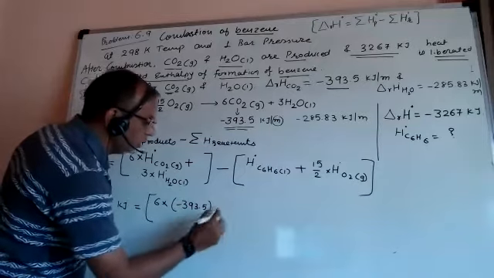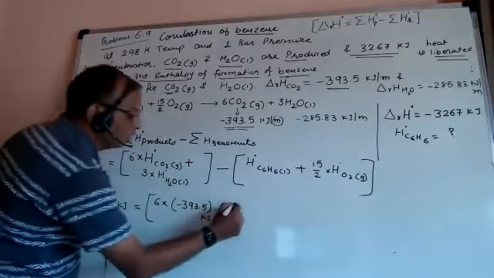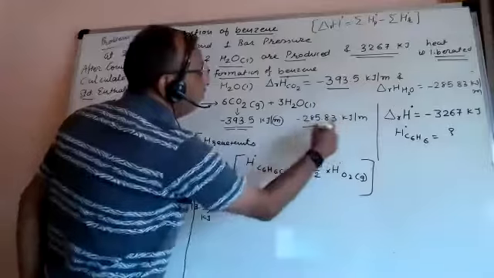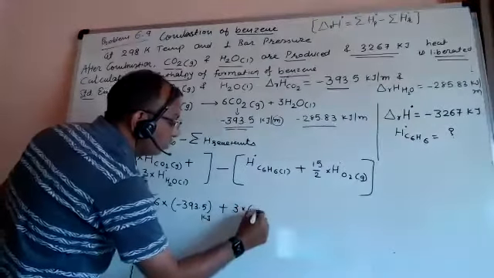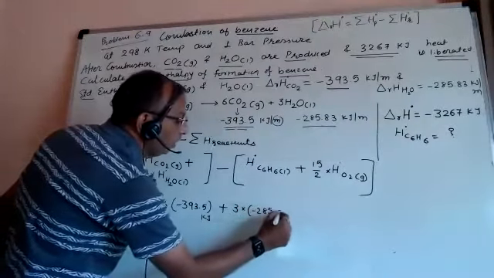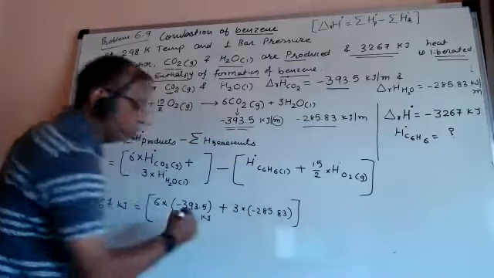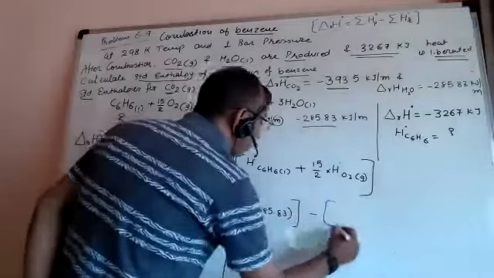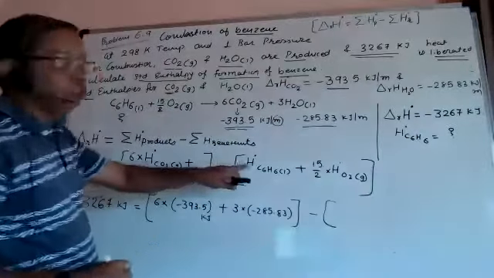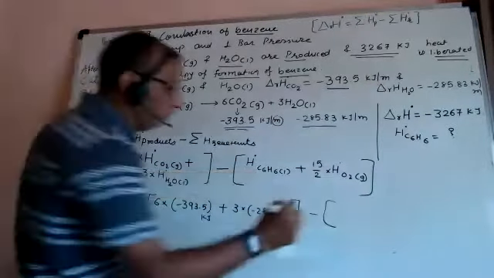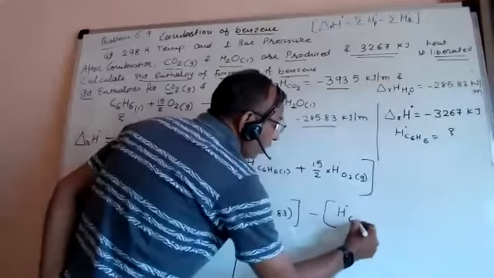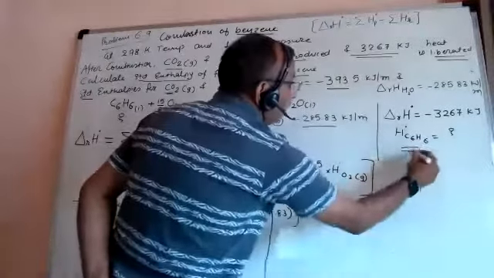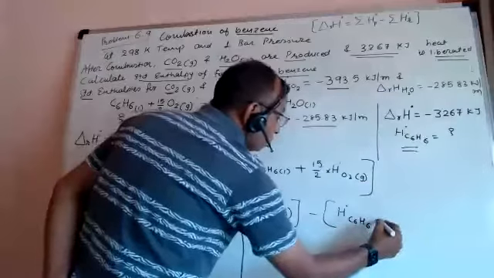One more thing is here, that is about water. This is 3 mole given here. And for 1 mole, it is minus 285.83. This is the total of the products. Now, friends, and reactants. H° of C6H6 is not given. That is, we have to find. You can see here, H° of C6H6 is to be found.